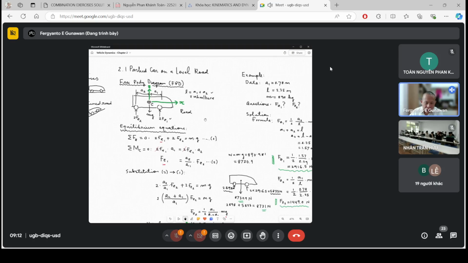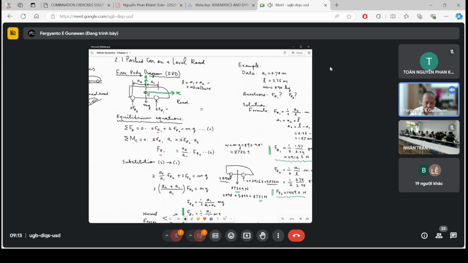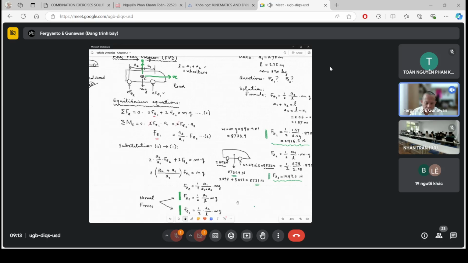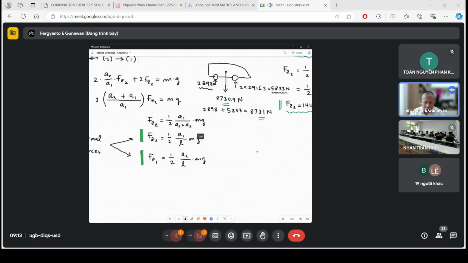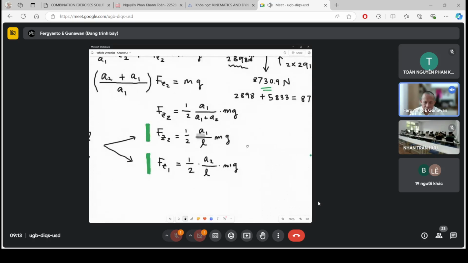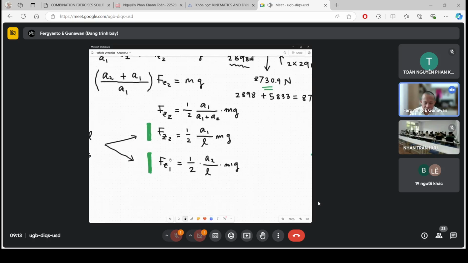By using this free body diagram, we were able to derive the normal forces FZ1 and FZ2. FZ1 essentially is half of the car weight multiplied by the ratio of A2 divided by L.